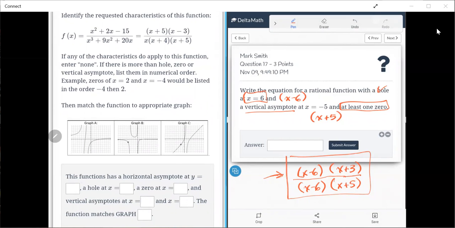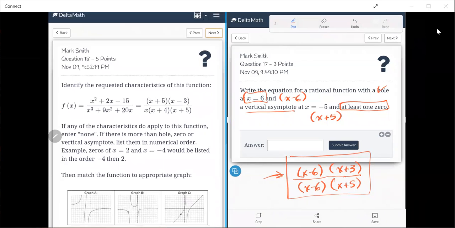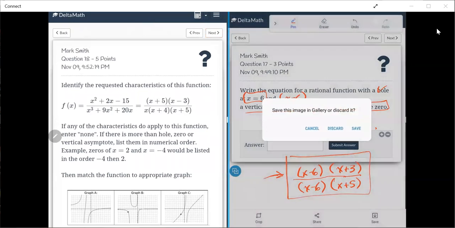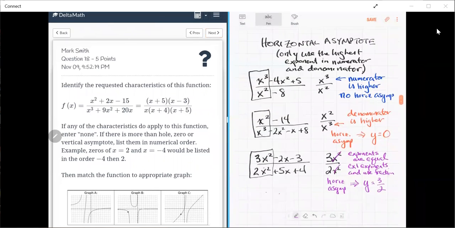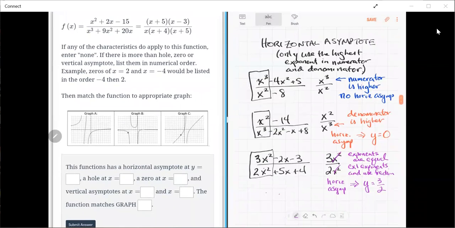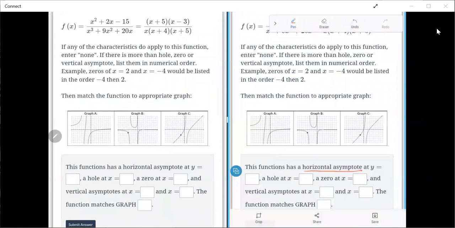I'm going to go through these problems, not each problem by itself, but each section of each problem, so that we understand horizontal asymptotes. Notice that the first thing asked for here is a horizontal asymptote. So what's a horizontal asymptote?